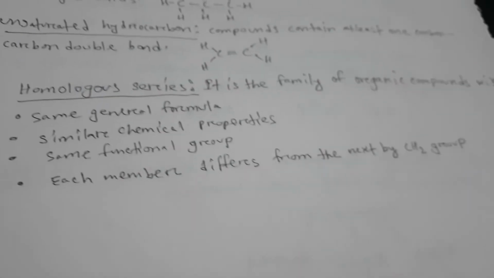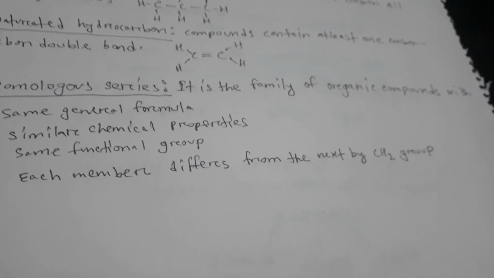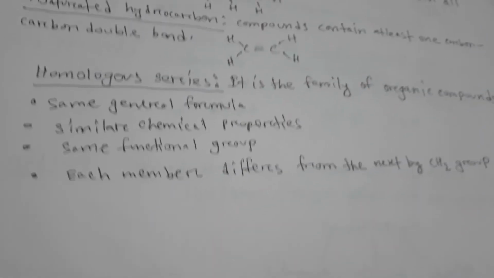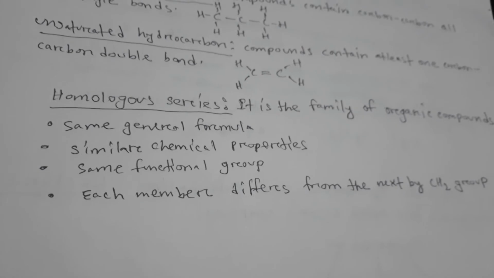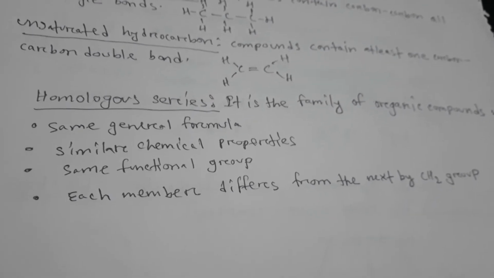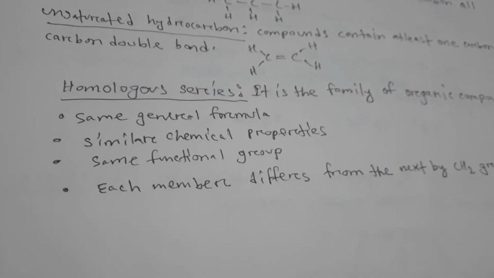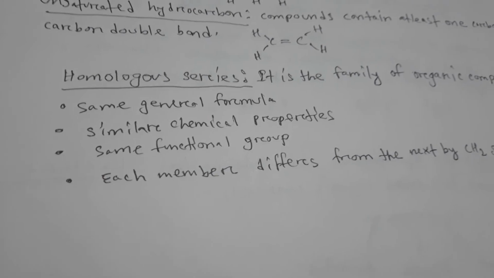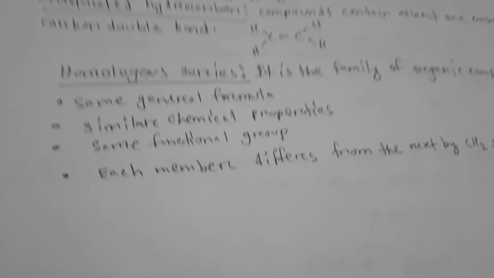So what is homologous series? It is the family of organic compounds with same general formula, similar chemical properties, same functional group. Each member differs from the next by CH2 group. We will discuss it later in details.